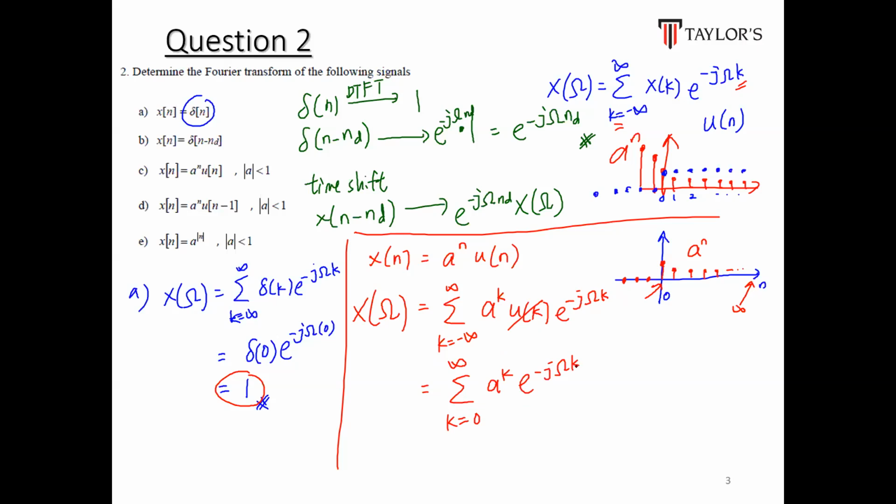Now, this is not really the final answer yet, because it has so much expression. You can actually simplify it. How do you simplify? The sum from 0 to infinity of a e^(-jω) to the power k.